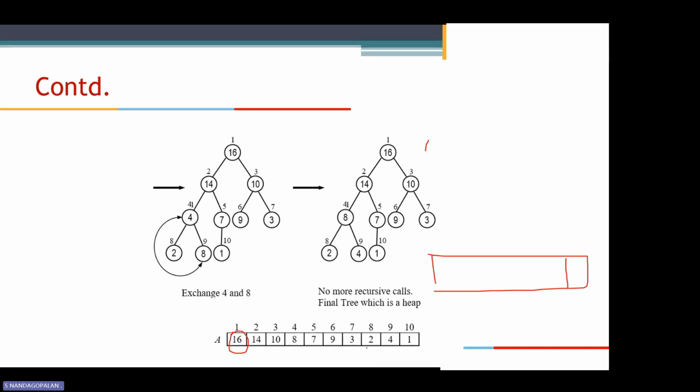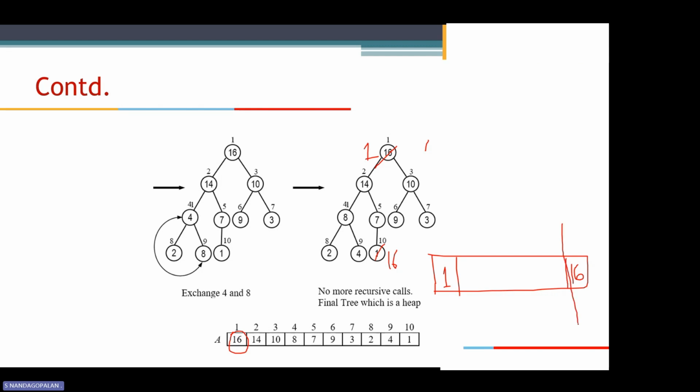Basically, I'm going to swap these two, 16 and 1. So 16 will come here and 1 will be here. Correct? So what I have done here, I have moved my largest element, just like bubbles are, to the last position.